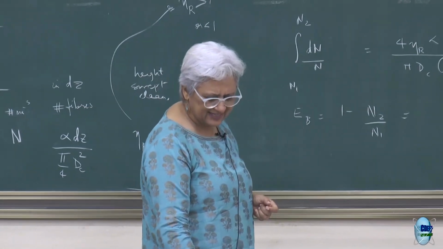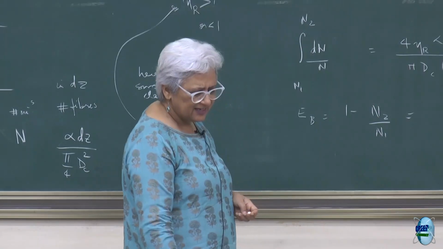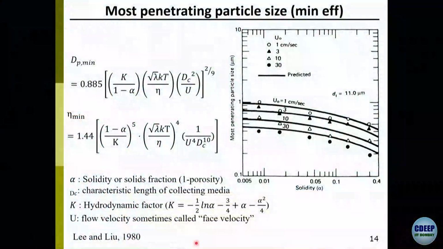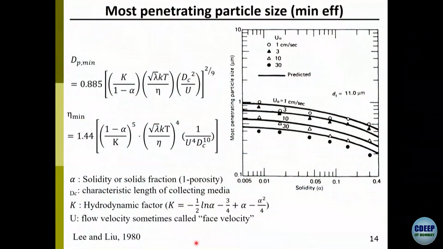So, I think that is pretty much it. There are two other things, which is this dp min, the particle size that is collected with the minimum efficiency, the most penetrating particle size, and you can get that as a function of phase velocity, as a function of solids fraction, and so on.